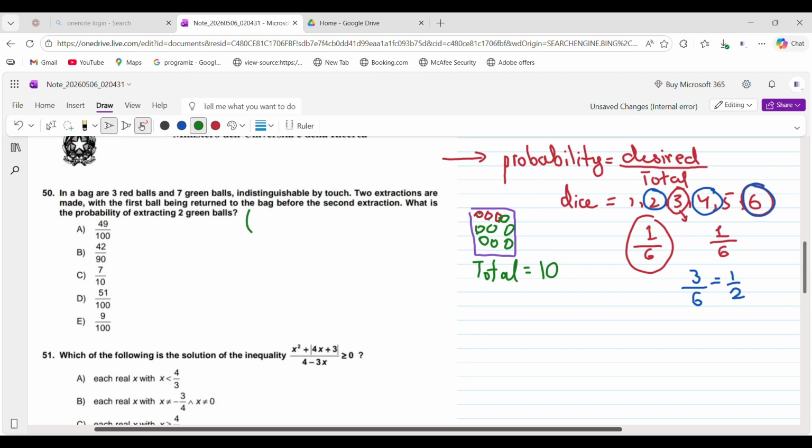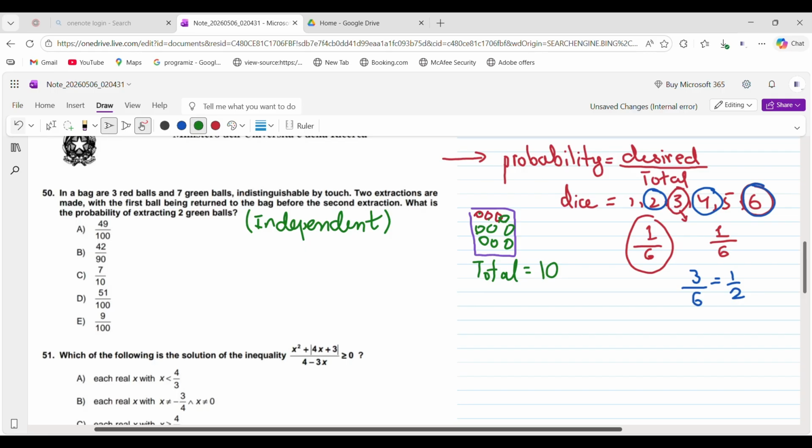It's basically an independent event. Because here they have told us that the second extraction would not be affected by your first extraction, because whatever ball you take first would be put back inside the bag, and then you make a second extraction, which means no effect at all, which means it's an independent event.